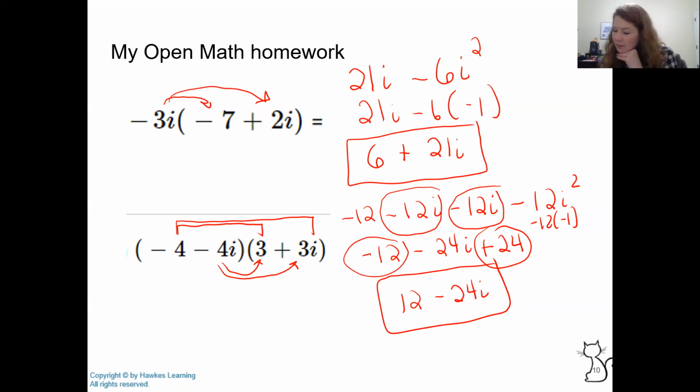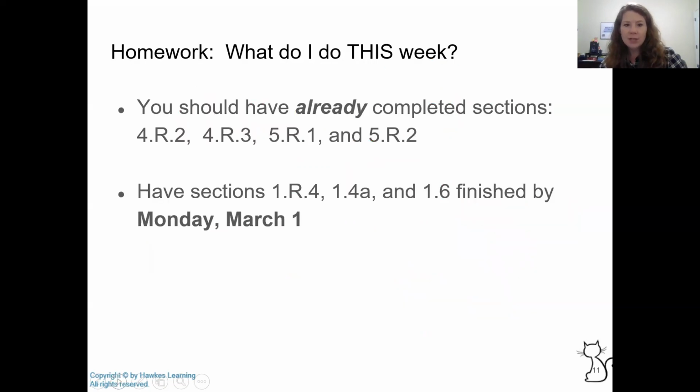Yep, I feel like that's the right answer. I don't think I missed anything on that one. All right, so on that last one, let's talk about it in class. If you see that I made a mistake, will you guys let me know? Negative 12 and then negative 12i minus 12i, and then negative 12i squared. Okay, I think that's right. I feel pretty good about it. If that's not right, you guys let me know.